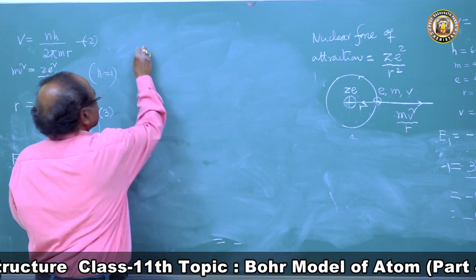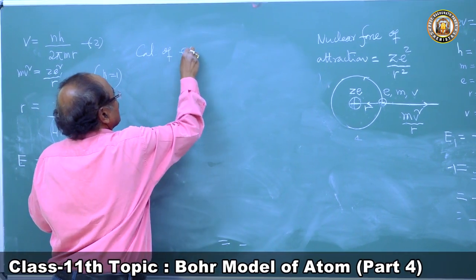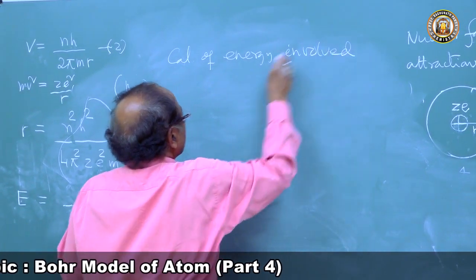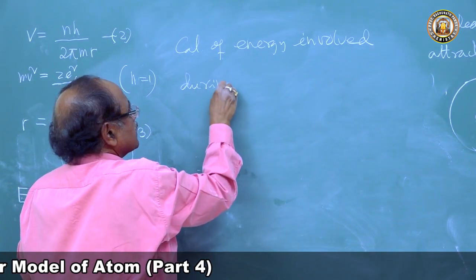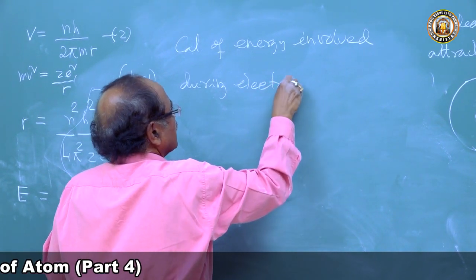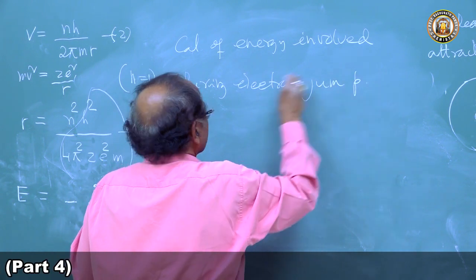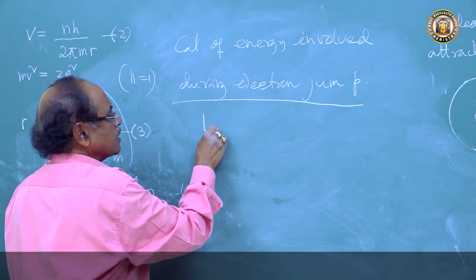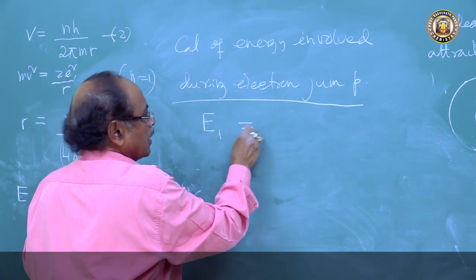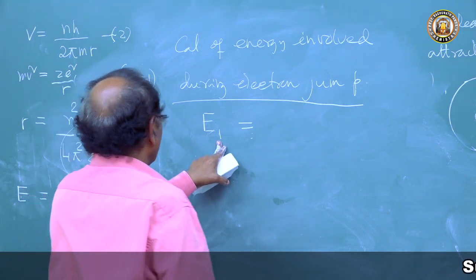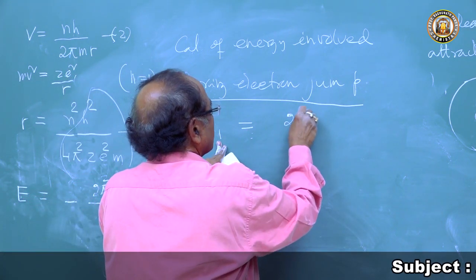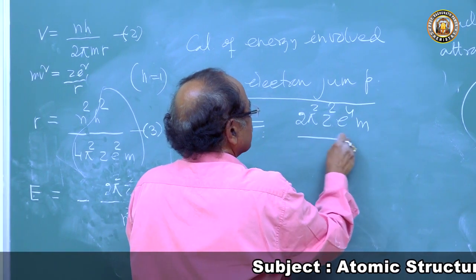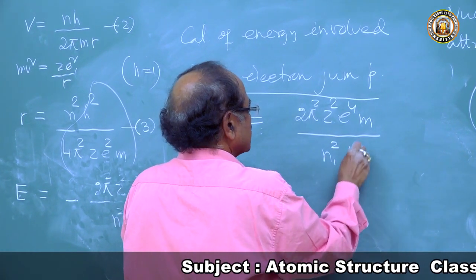So calculation of energy involved during electron jump. Let the energy of the electron E1, moving in the orbit of principal quantum number 1, be minus 2 pi square z square e fourth m by n1 square h square.